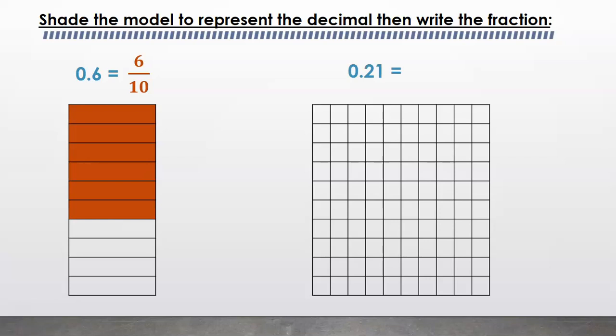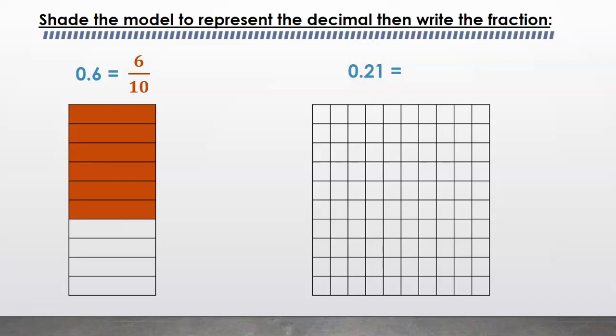Okay. If I have a model with 100 squares and we want to shade 21 squares of it. How did I know? Okay. 21. How many places here? It's 2 places. Then I'll have the denominator as 100, right? And the numerator will be 21.